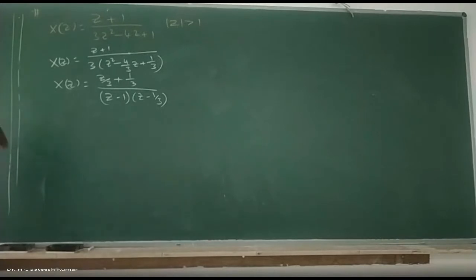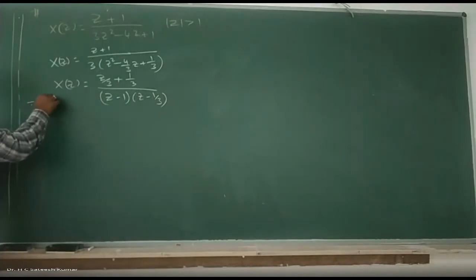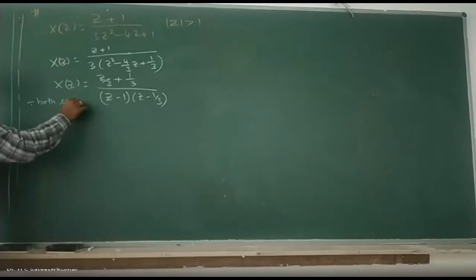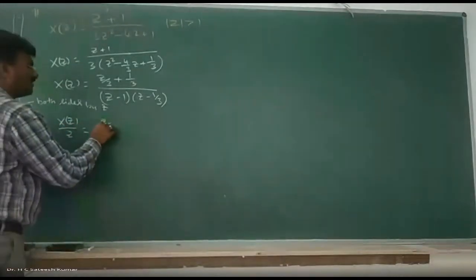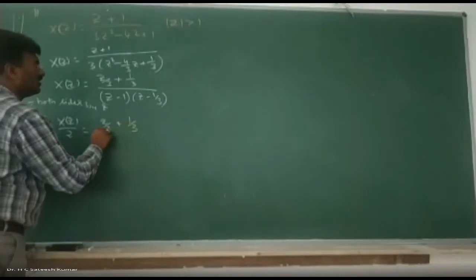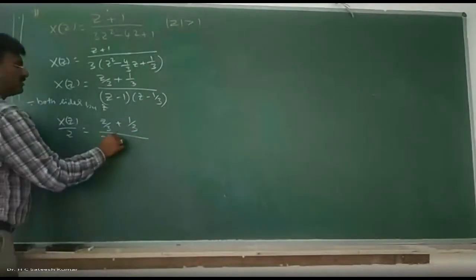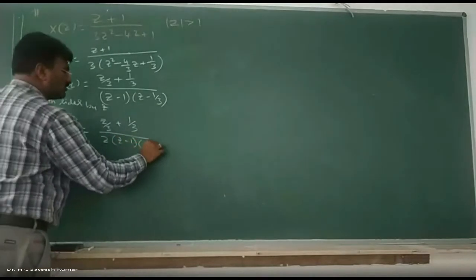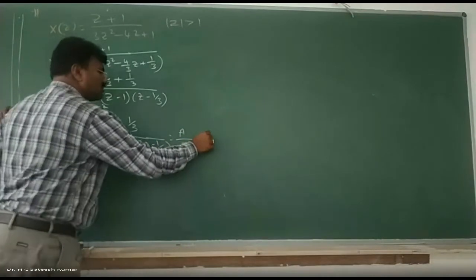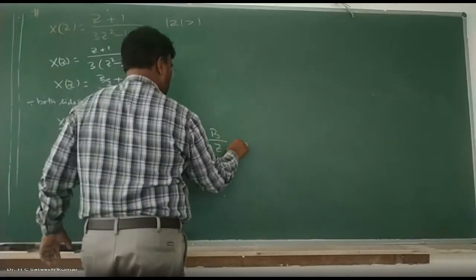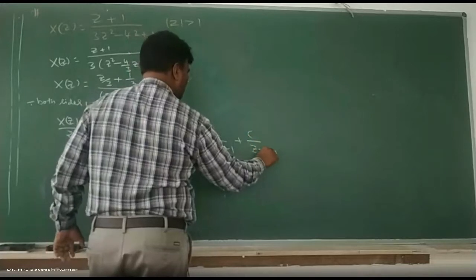But in this, we have to take the partial fraction for X of z by z. Divide both sides by z. X of z by z is equal to z by 3 plus 1 by 3 divided by z into z minus 1 into z minus 1 by 3, which is equal to a divided by z plus b divided by z minus 1 plus c divided by z minus 1 by 3.